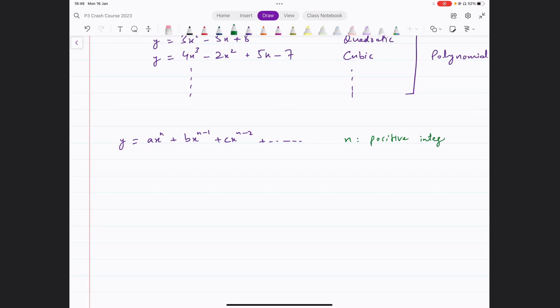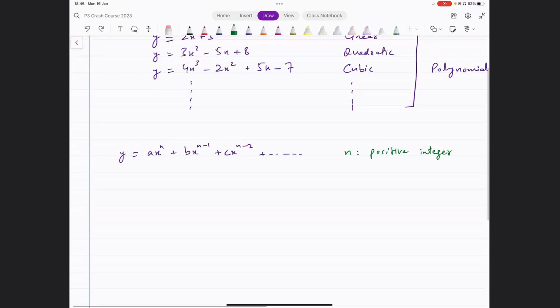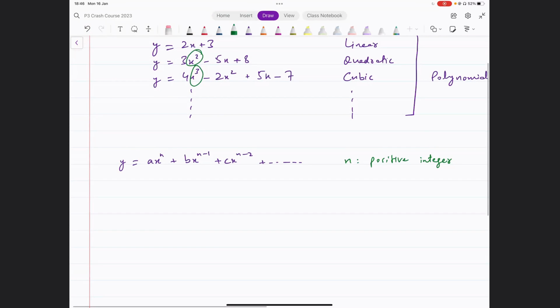That's important. N is a positive integer, the power that you have. You have integer powers of x. It could be cubic powers, square powers, linear powers, power 4, power 5, 6, and so on. They're being added or subtracted, plus, minus, then this is a polynomial.